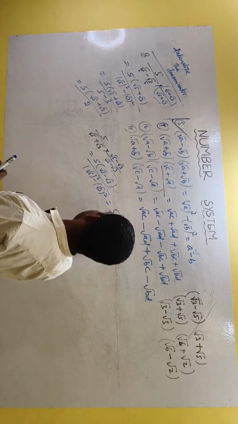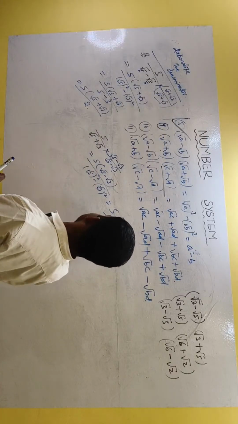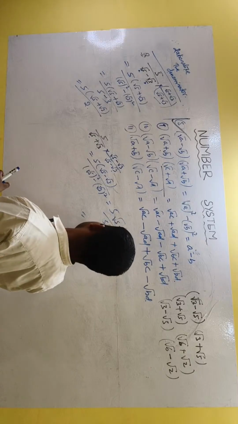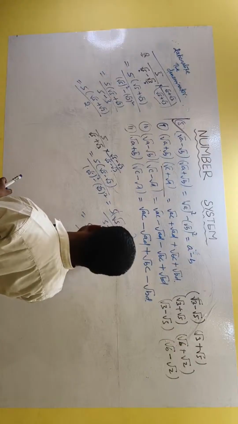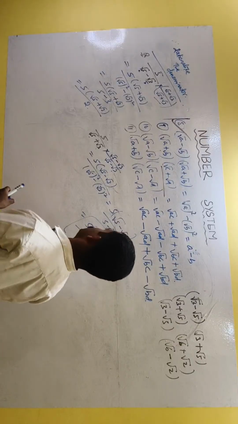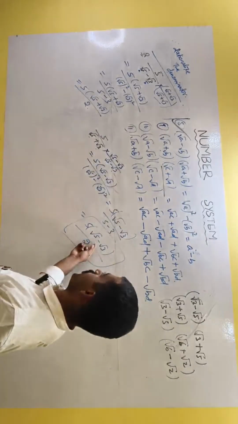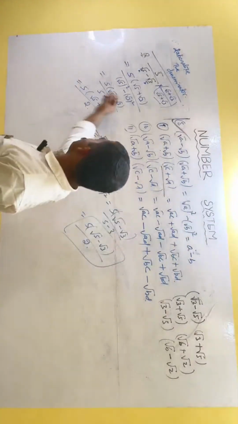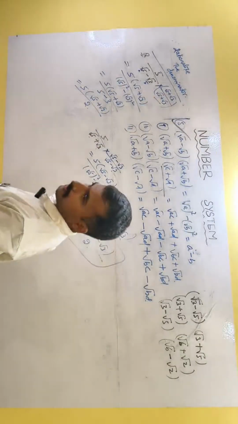The answer is 5 times root 5 minus root 3 divided by 5 minus 3. Keep a bracket around root 5 minus root 3, otherwise the answer will be wrong. Here is the answer. The difference is that in the numerator it is root 5 plus root 3 and in the denominator root 5 minus root 3. Whatever sign you multiply with, the numerator gets the same sign.